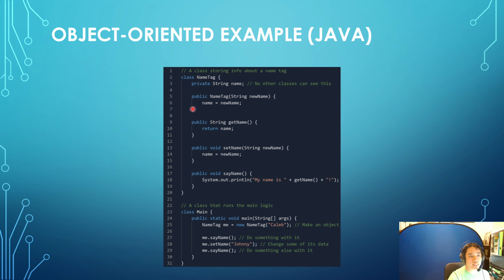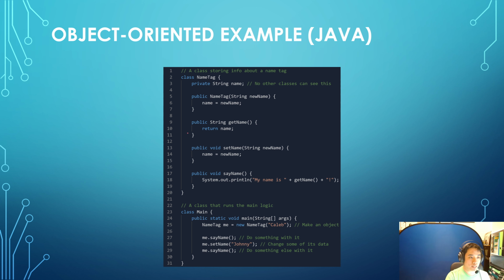In our case, yes, this is the name tag's constructor because there is no return type, and we are using the same name as the class, name tag. Okay. And what this does is when we initialize the object, we're gonna require a new name. This will set the name property to the new name.